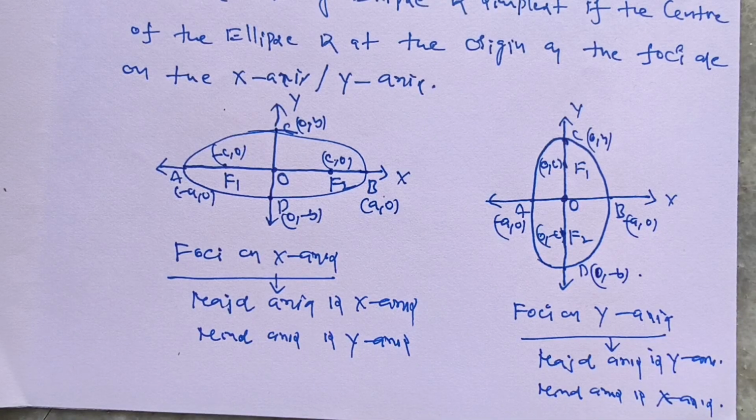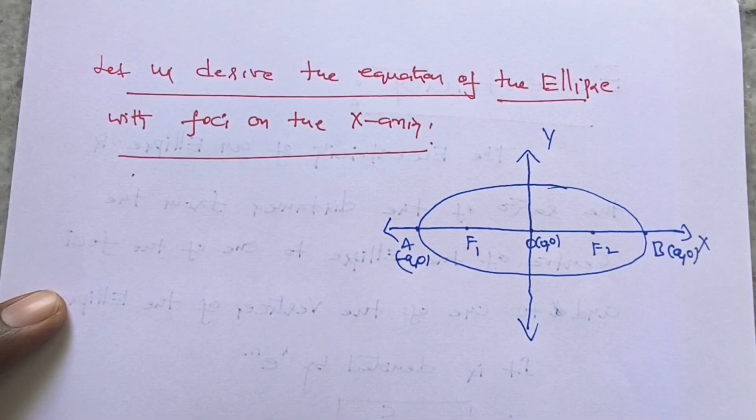This is the rough idea if the foci of an ellipse lie on the x-axis or y-axis.